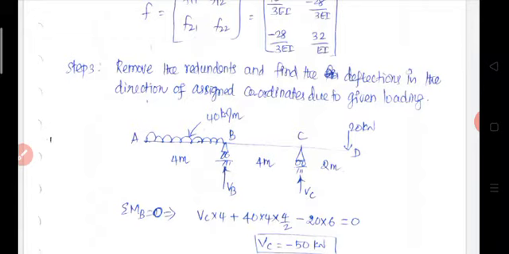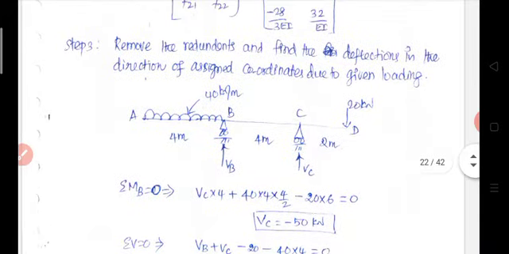The first assigned coordinate is the moment coordinate, so we are going to determine the rotation there. The second assigned coordinate is the force coordinate, that is the vertical force, so we are going to determine the vertical deflection. So in this third step, first we remove the redundants, then determine the rotation at end A, then the vertical deflection at end A.